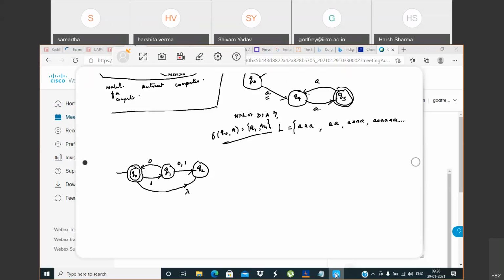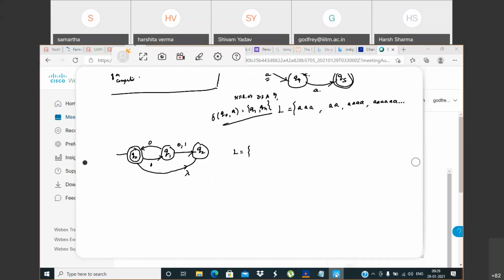What are the strings of this language? 1 0.